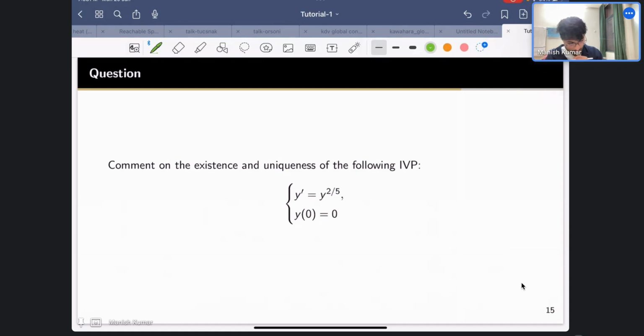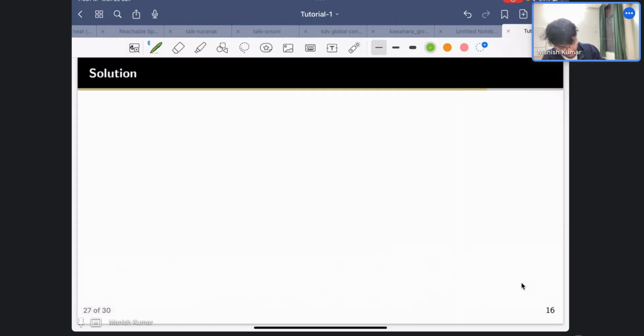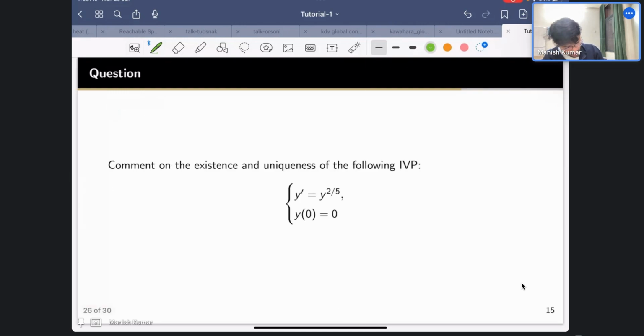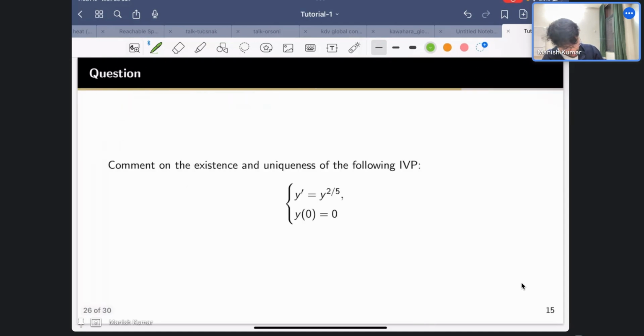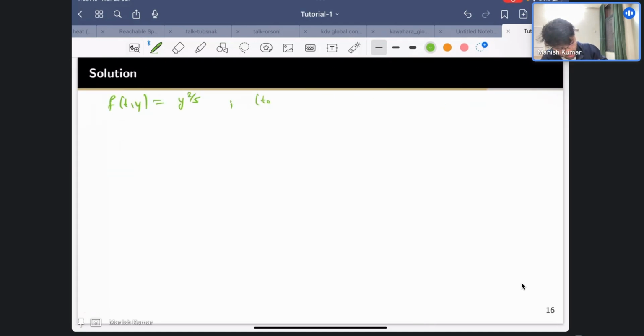Okay, so we'll try to solve this equation. Let us first see what is f(t, y). So let me write in this page. f(t, y) is y raised to the power 2 by 5, and (t0, y0) is given by (0, 0).